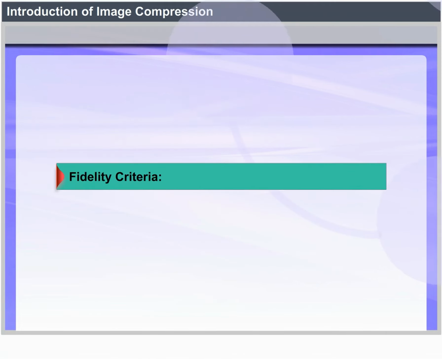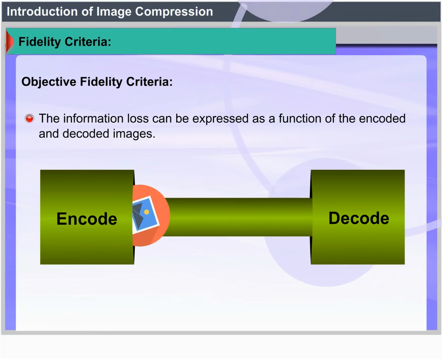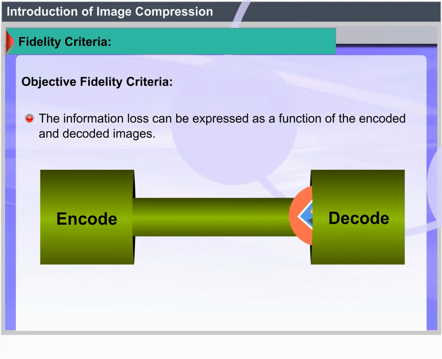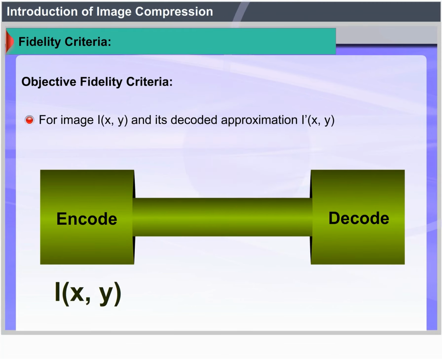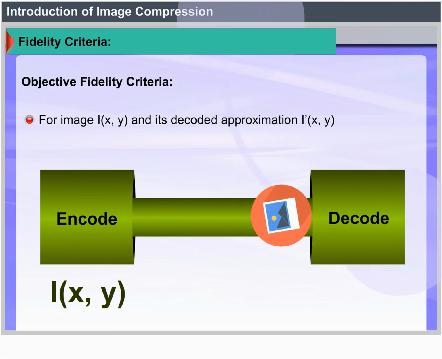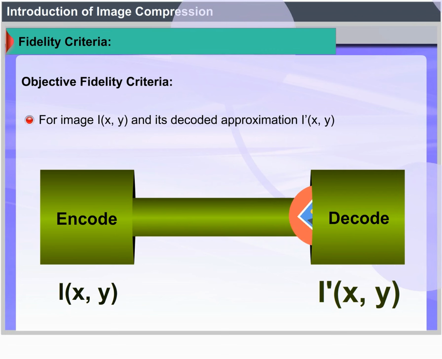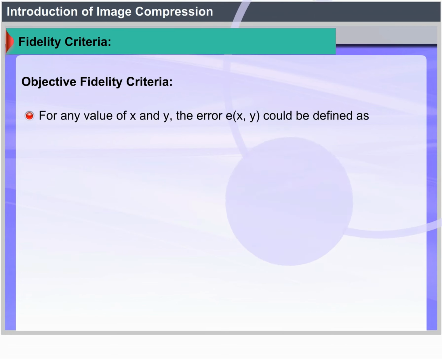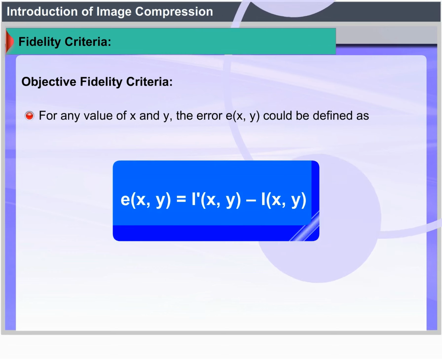Fidelity criteria. Objective fidelity criteria: the information loss can be expressed as a function of the encoded and decoded images. For image I of x, y and its decoded approximation I dash of x, y, for any value of x and y, the error E of x, y can be defined as shown.